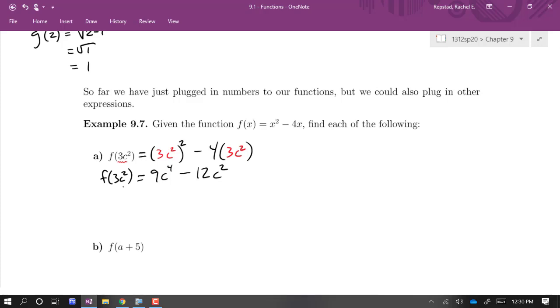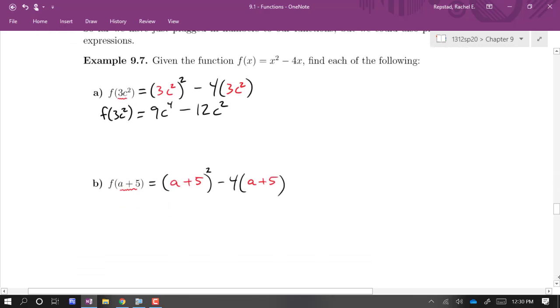If I want to find f of a plus 5, again, I'm going to start out seeing the function as a set of instructions, and wherever I've got an x, I'm going to put this empty set of parentheses. Here I'm on the left side plugging in a plus 5 into the parentheses, so I'm going to do that on this side.